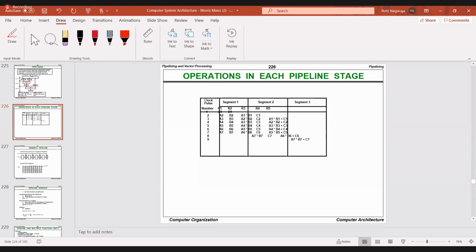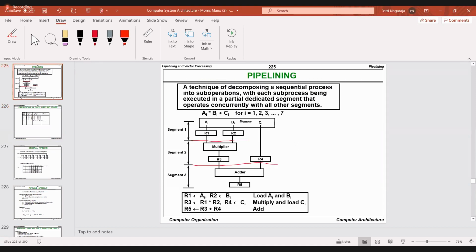Now check which registers are in segment 1. In segment 1 you have the registers R1 and R2, whereas in segment 2 you have R3 and R4, and in segment 3 you have R5.